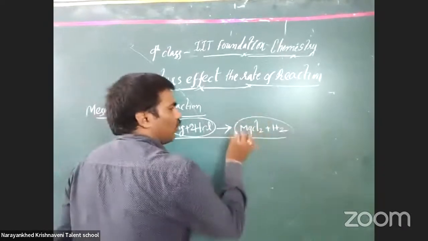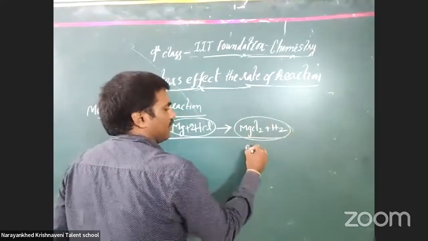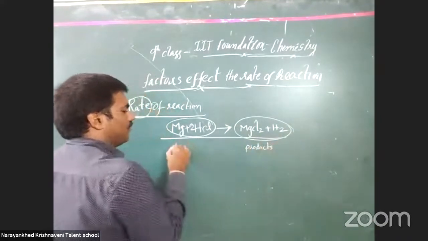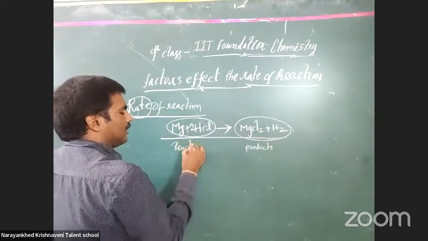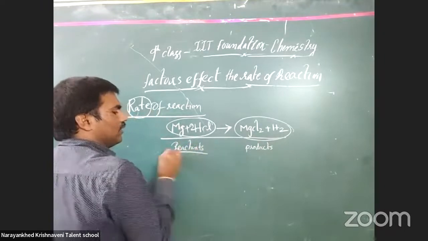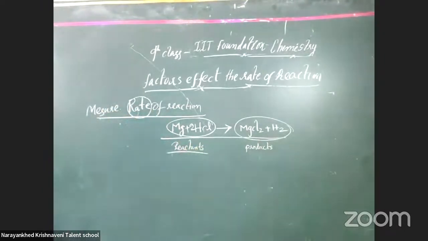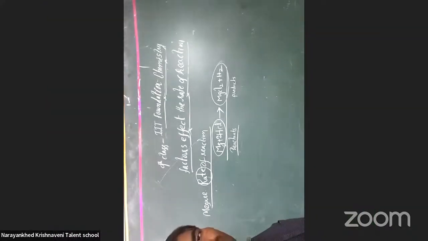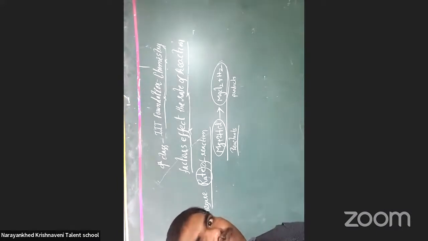This thing is called what? Products. Okay, clear or not, students? This is called products. This is called what? Reactants. Got it or not? We have to know first what the reactants are and what the products are.